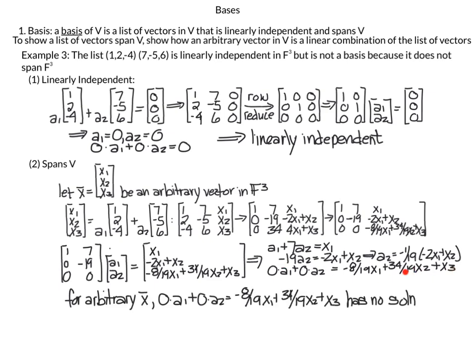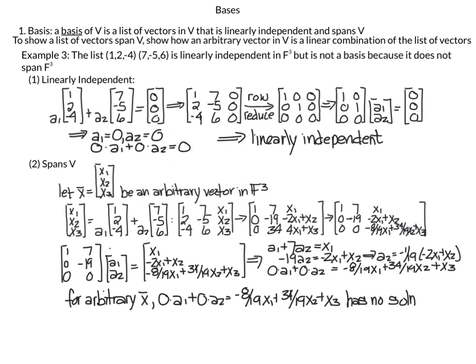And if you look at this last equation, let's not even worry if I got my arithmetic right here. We're saying that 0 times a1 plus 0 times a2, so this is 0, is equal to some linear combination of x1, x2, x3. And here x1, x2, x3 represents an arbitrary vector in F3.